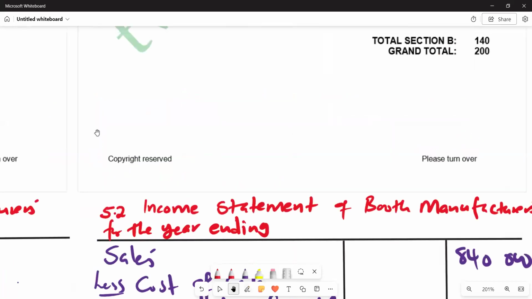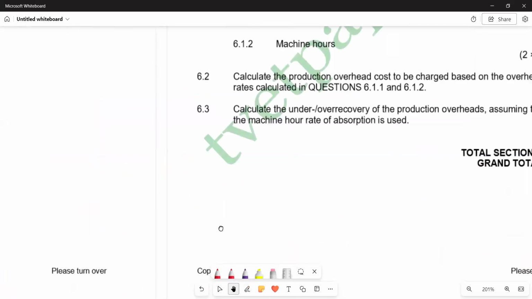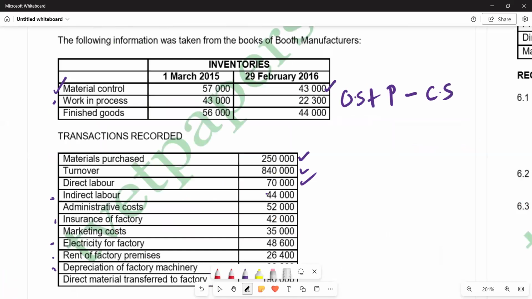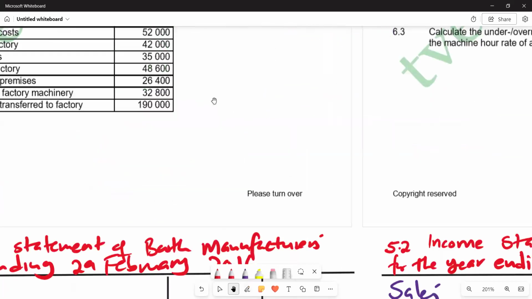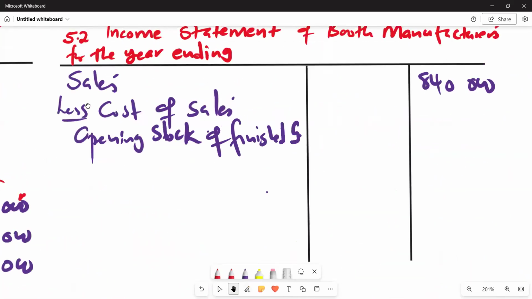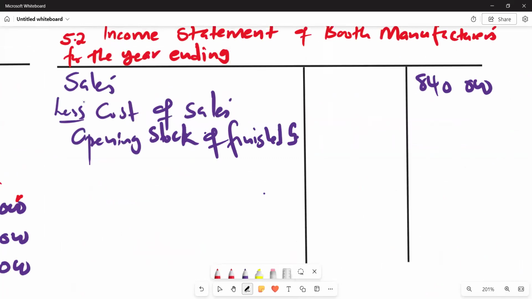We go to the question, try to see what we have in terms of opening stock of finished goods. Finished goods is here. So we have got opening stock for 2015, which is 56,000. So we can go back. We're saying 56,000 in this column.